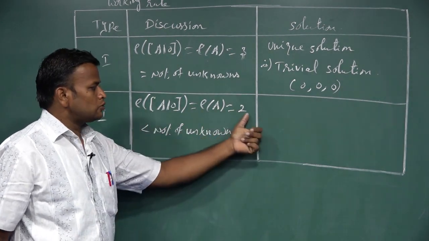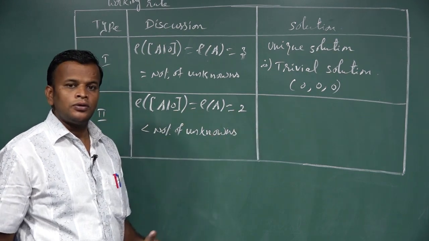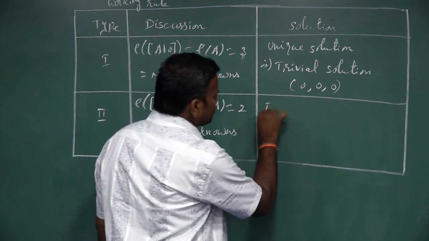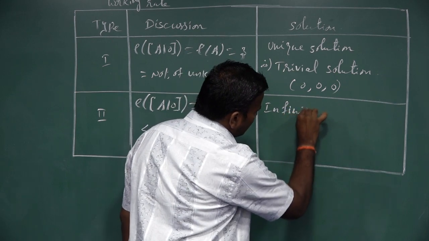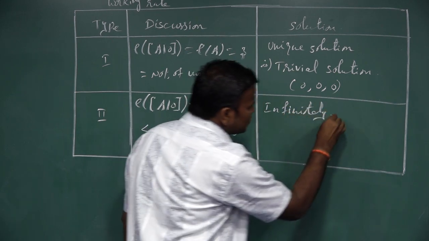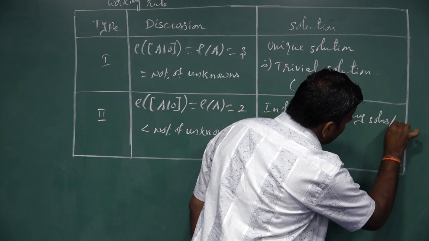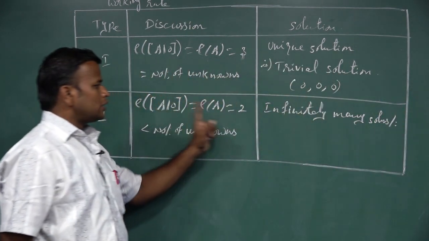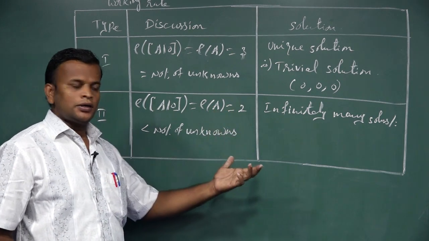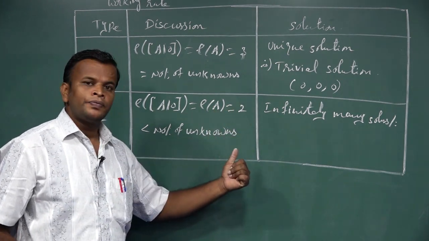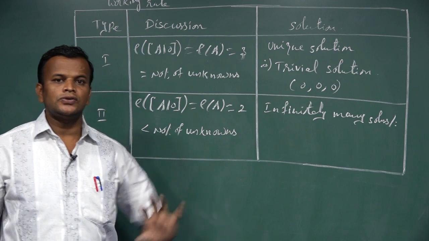Suppose both ranks are 2, less than the number of unknowns, then the system has infinitely many solutions.